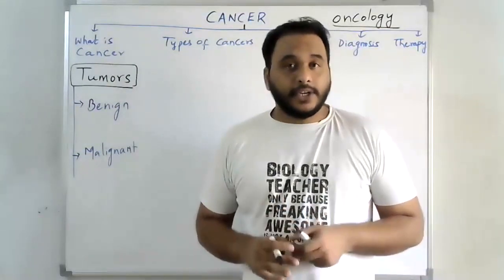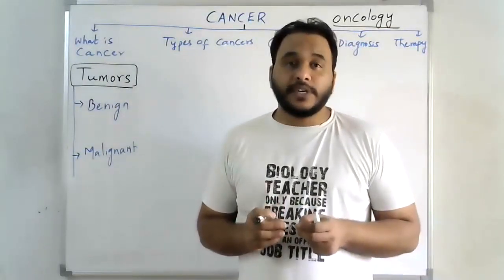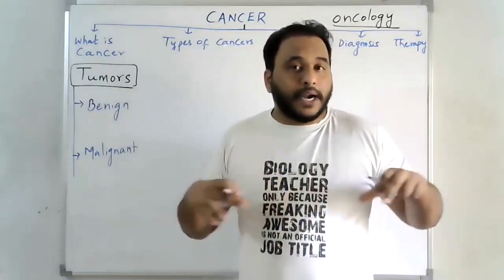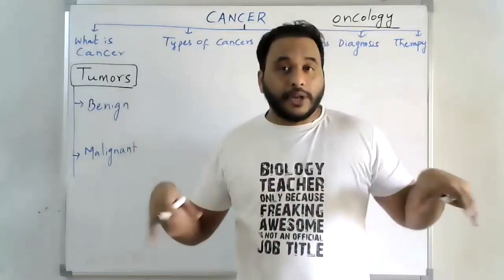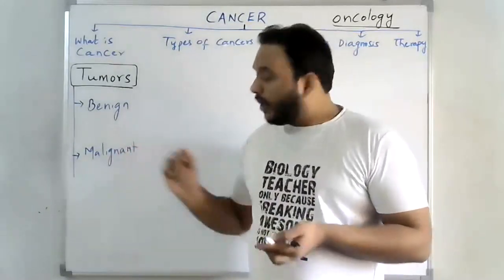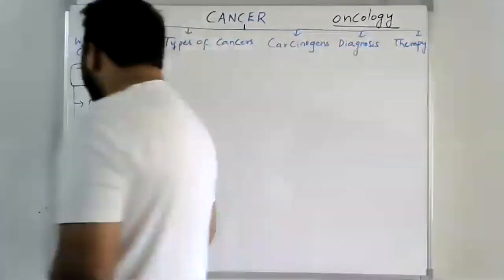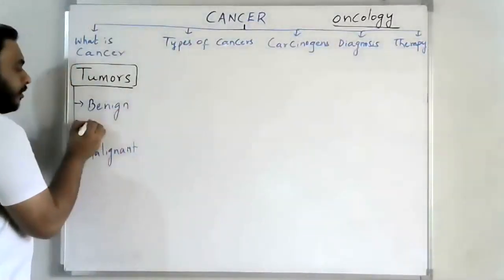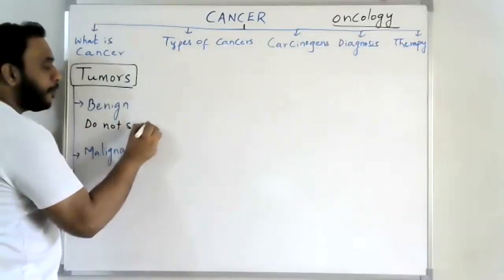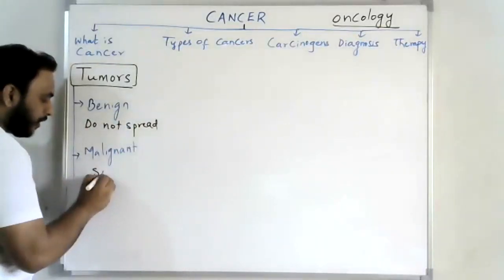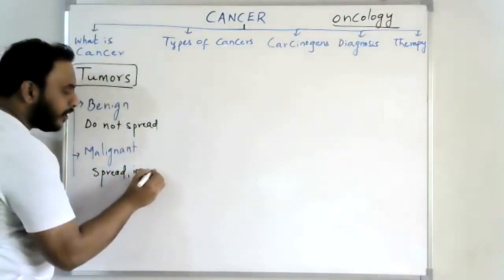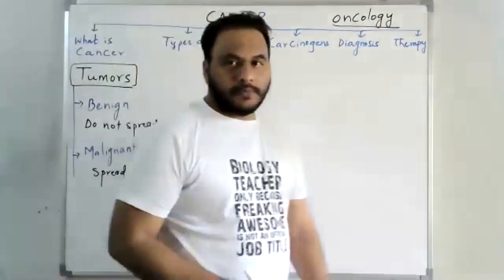Whereas the malignant tumors, once they originate, start spreading and invading other body parts. So they are called malignant tumors. Benign tumors do not spread, and malignant tumors spread and invade other body parts.